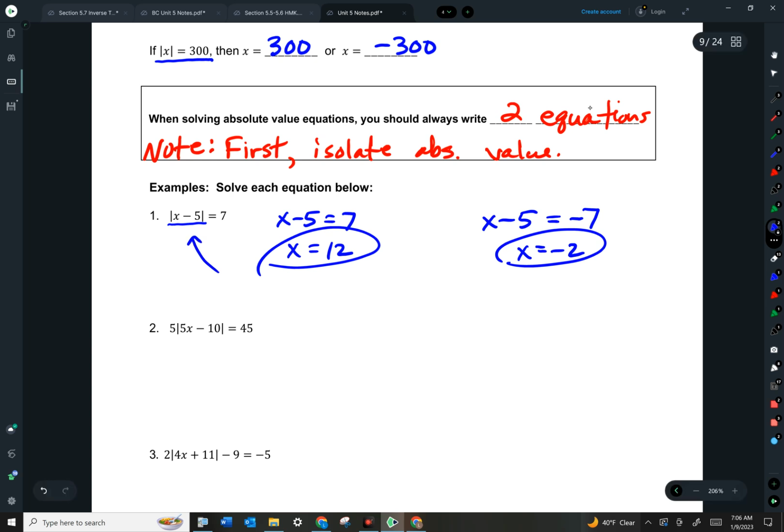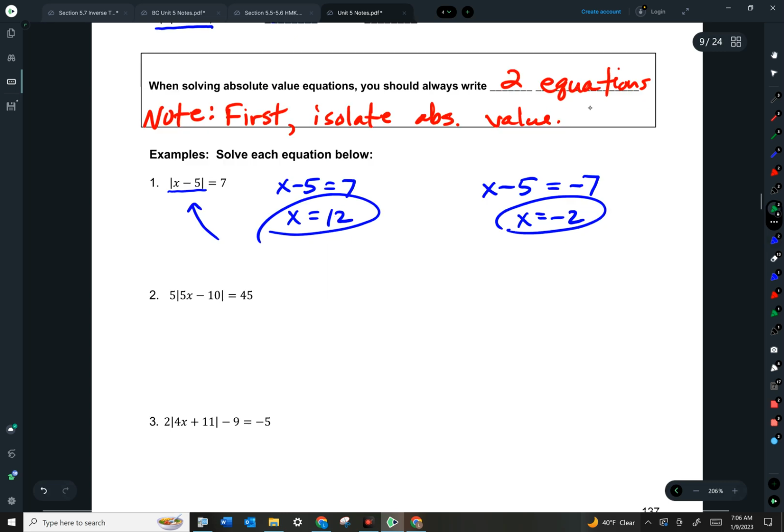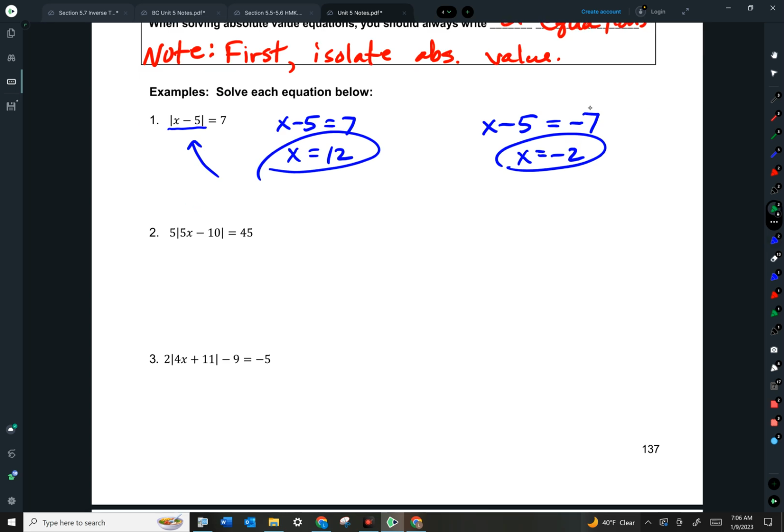Okay, let's try another one. In this case, on number 2, do you see that the absolute value is not by itself because of that 5 right there? So the first thing I have to do is get rid of that 5. Since that 5 is being multiplied by the absolute value, I'm going to divide both sides by 5. So those cancel, and I've got the absolute value of 5x minus 10 equals 9.